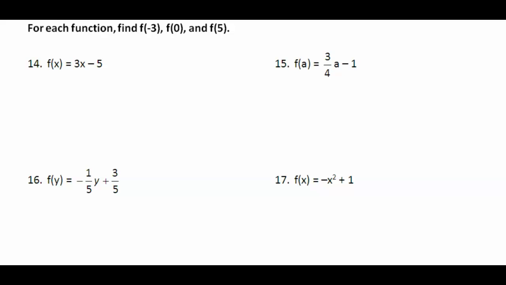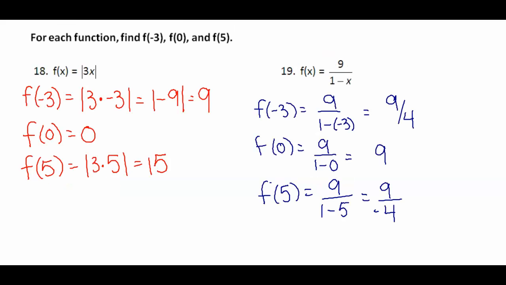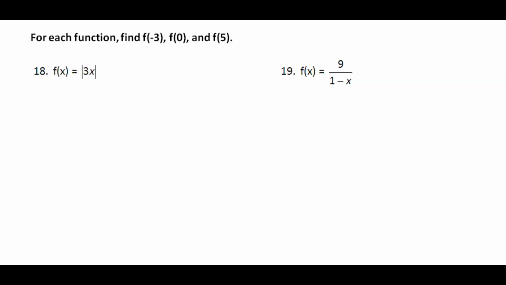And then in 18 and 19, 18 is what we call an absolute value. And then 19 is rational.